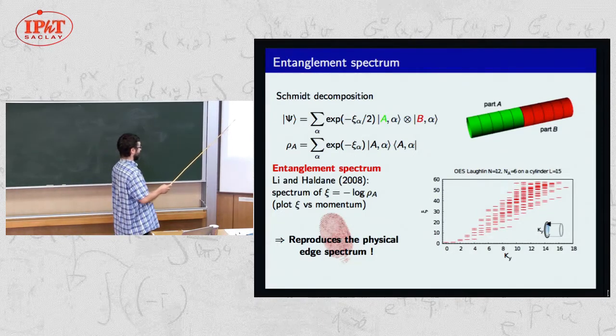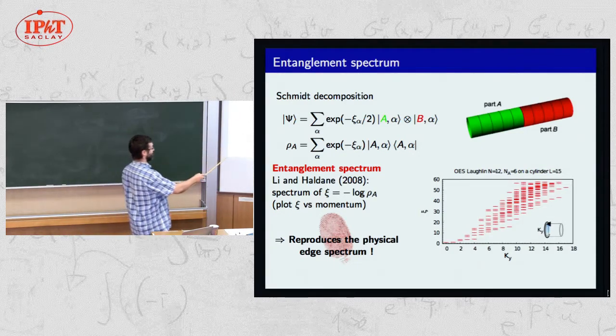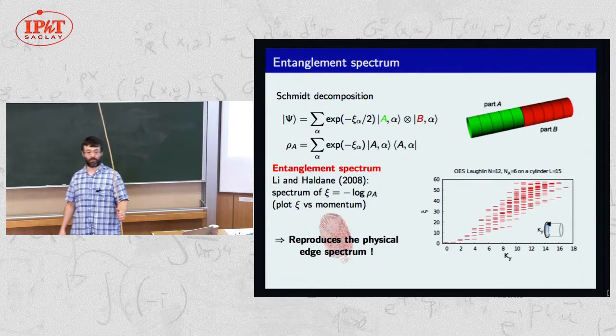And you can plot this spectrum versus all the good quantum numbers you have in your system. So for the fractional quantum Hall effect, if you do this kind of cut, there are two good quantum numbers: the number of particles in part A and the momentum of part A. So here is an example on this Laughlin state on the cylinder, versus the momentum ky, for a given number of particles, that's fixed. And you see something that looks like a chiral dispersion relation.